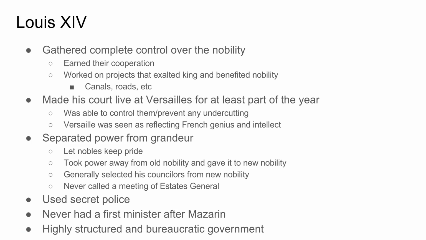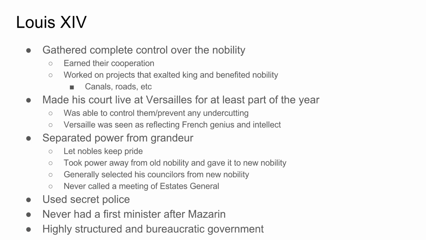And then what he does is he really is able to read people well, and recognizes that this old nobility is in this for pride. And so his manipulation of the nobility is designed to let the nobles keep their pride while taking real power away from them.